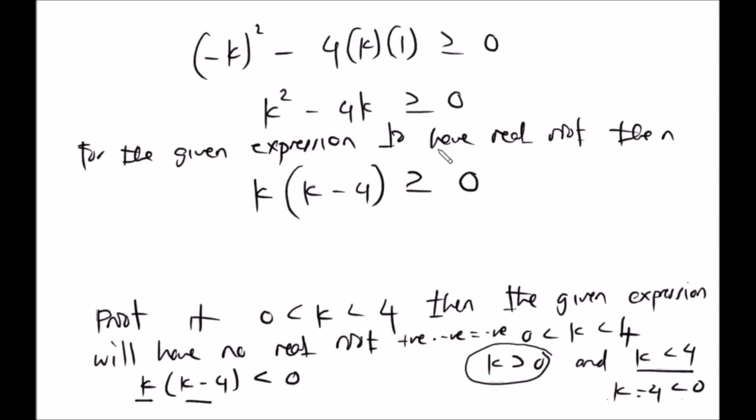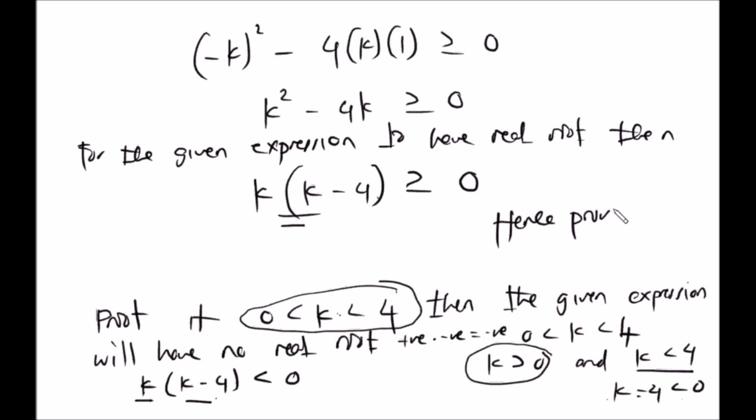Lakini ili expression iwe na real roots, huyu k times k minus 4 inabidi awe nini? Positive or 0. Lakini for this case k times k minus 4 atakuja nini? Negative. Maana yake sasa hii haisatisfy nini? Hii hapa. And so hence proved kwamba if k is between 0 and 4, this expression will not have real roots.